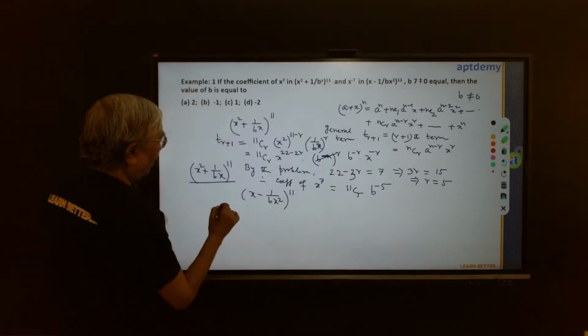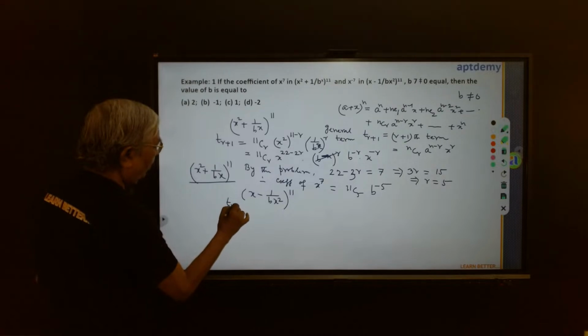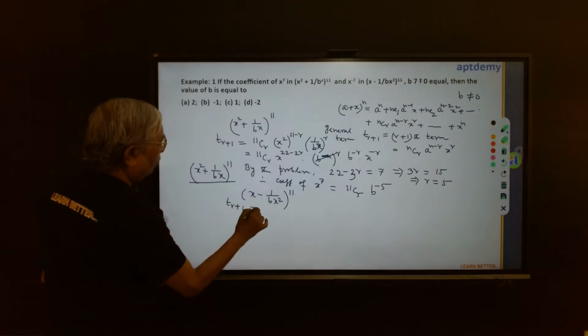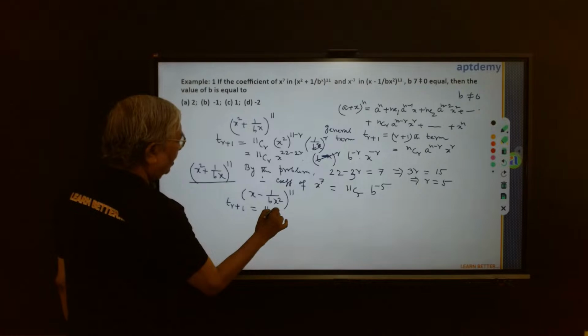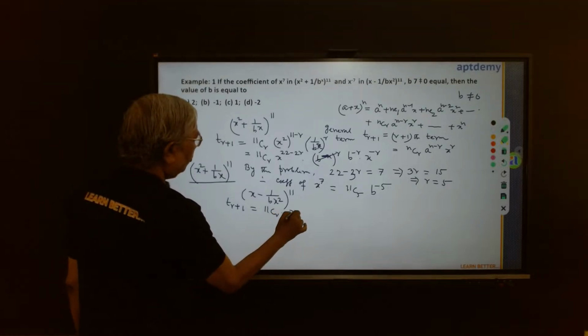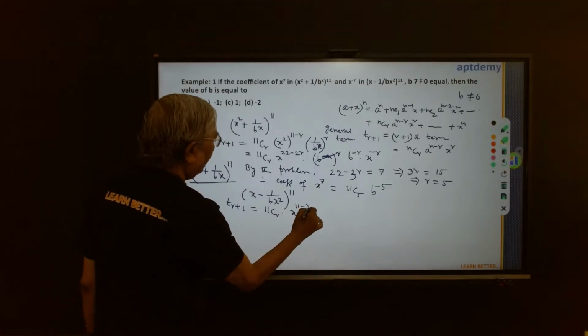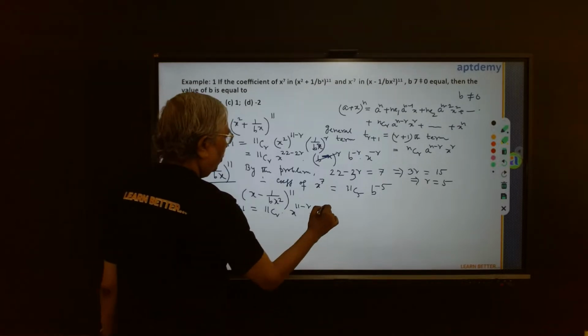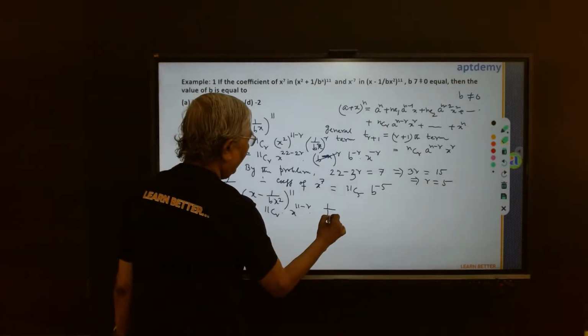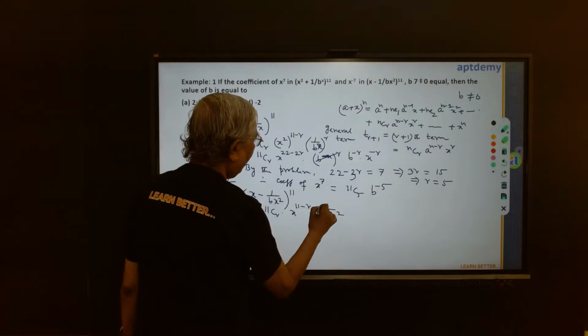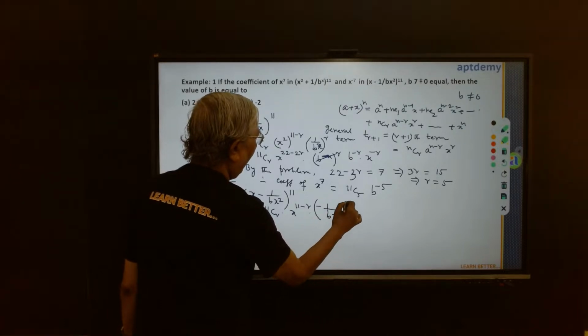Here also we find the general term, or the (r plus 1)th term. T(r+1) will be equal to 11Cr x to the power 11 minus r into (minus 1 by bx squared) whole to the power r.